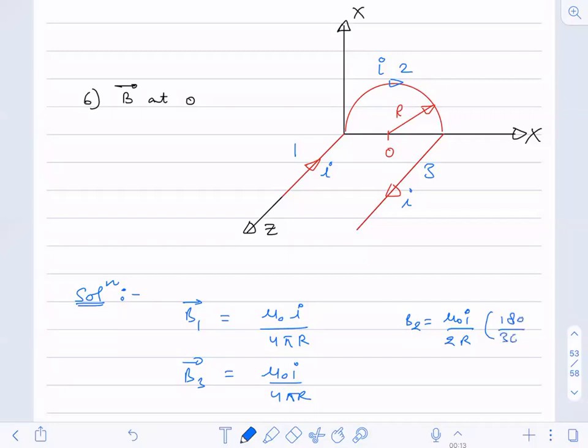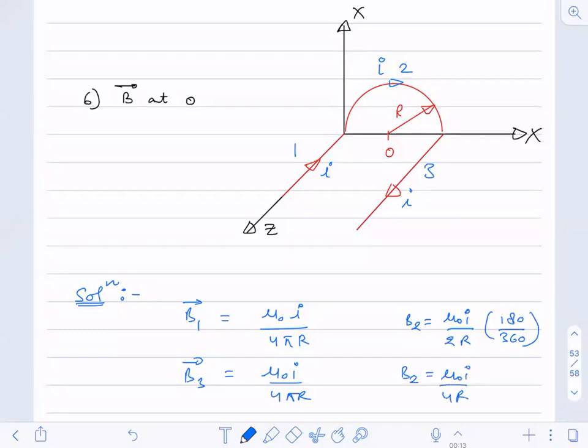What will be the direction for this now? Will it be into the plane? Yes. So B2 is now mu naught I by 4r. So these are the values.